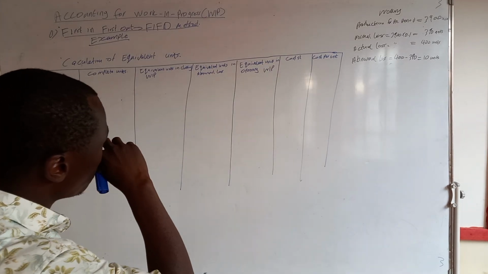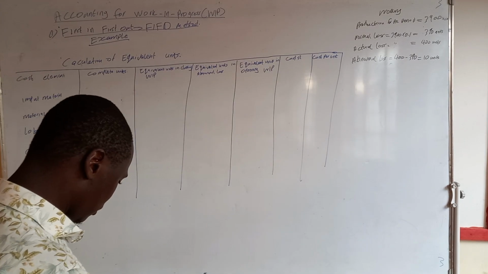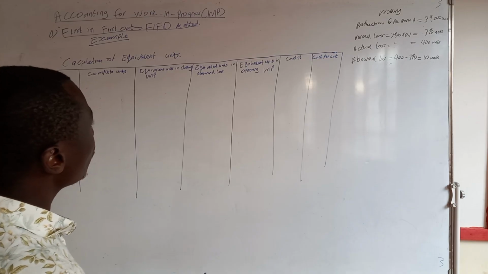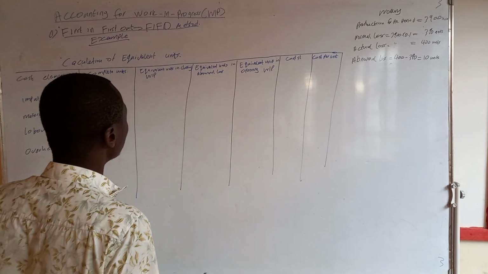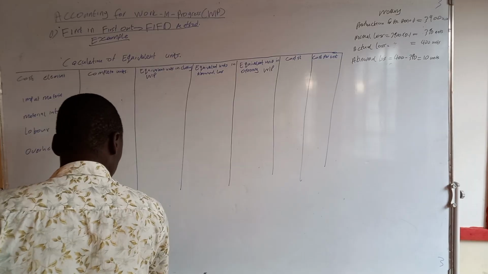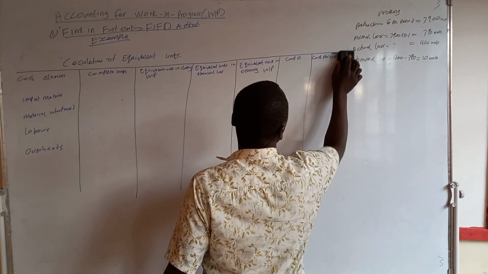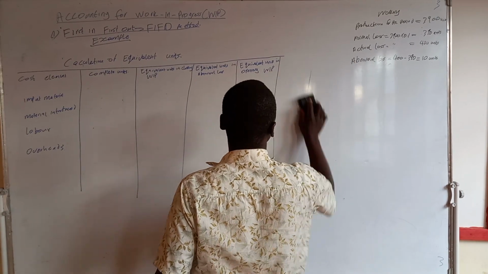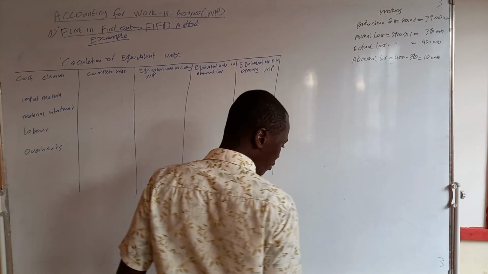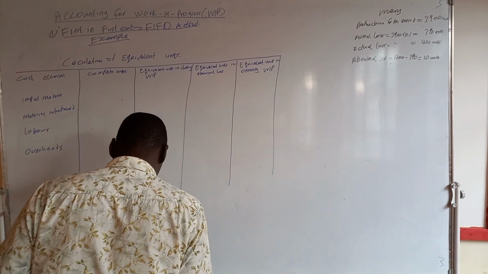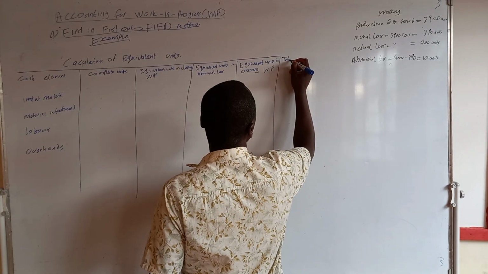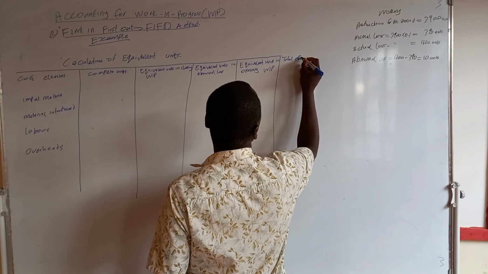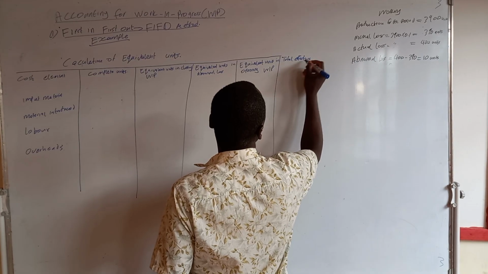Now, before having cost per unit and all that, let us have effective production somewhere here. Let's do the effective production. Total effective production.